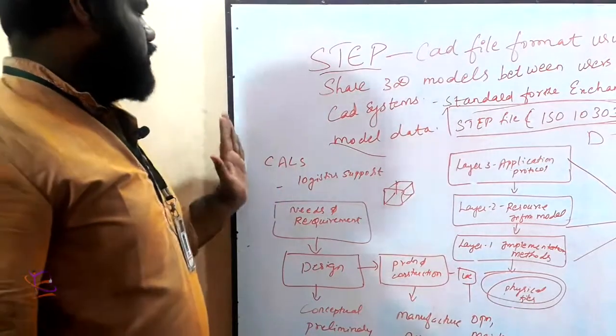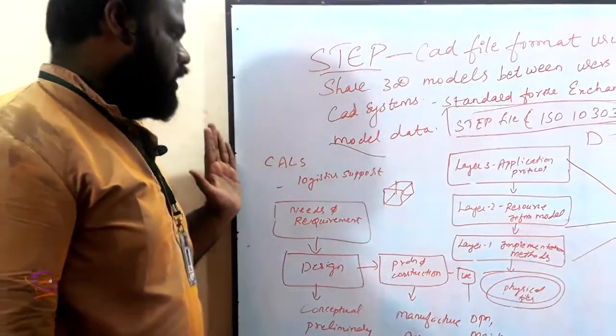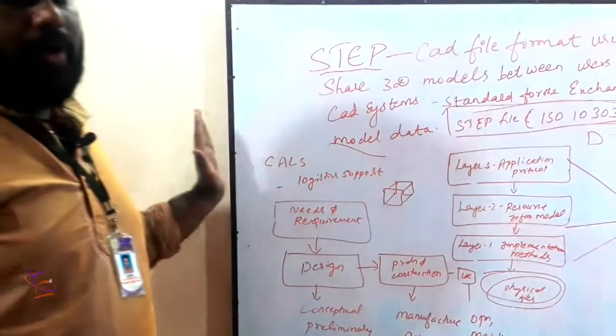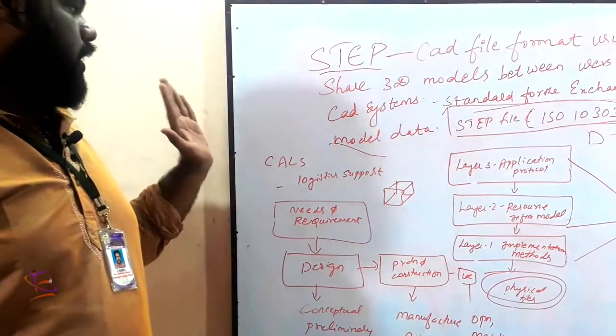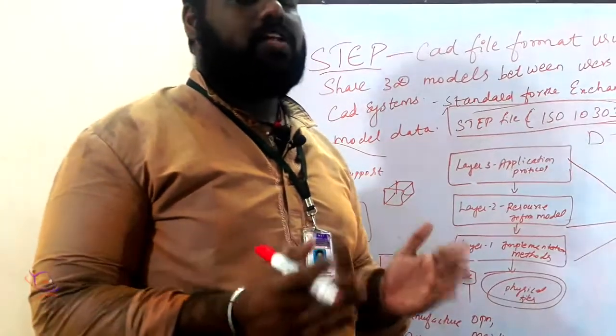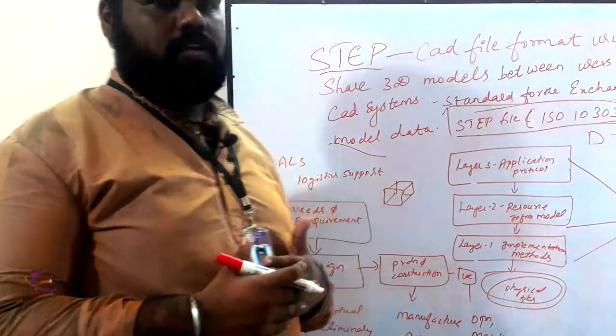And next is CALS. As I said, it was developed by the US Defense Force, and it is computer-aided logistics support. There's another definition, computer-aided life support, so there's a contradictory statement.